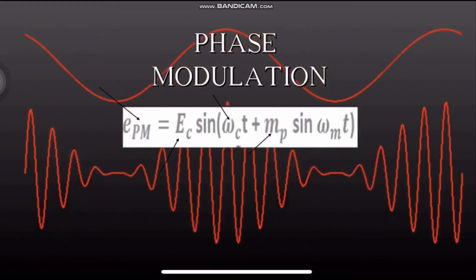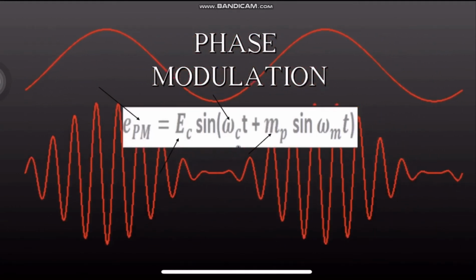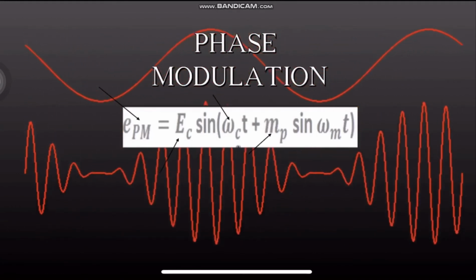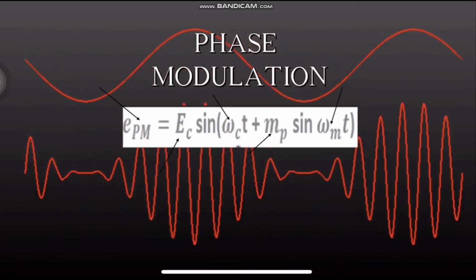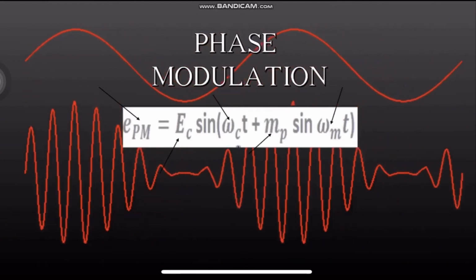For phase modulation, this is the maximum phase shift caused by the intelligence signal. Last is the intelligence angular frequency.